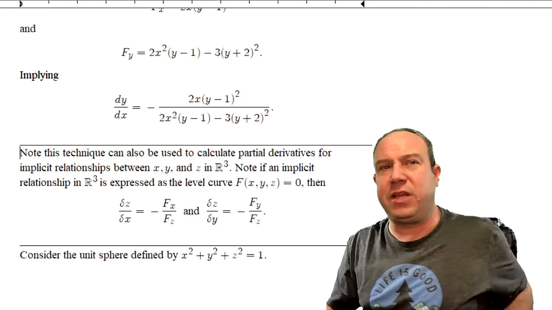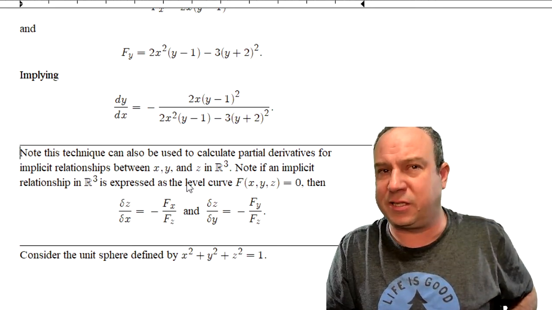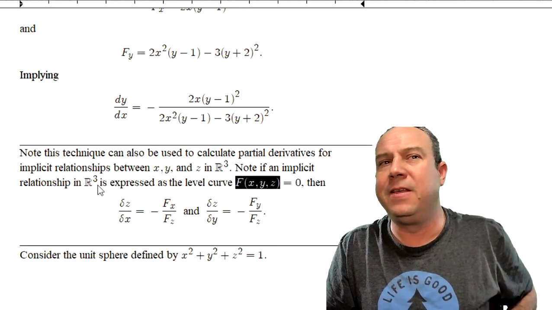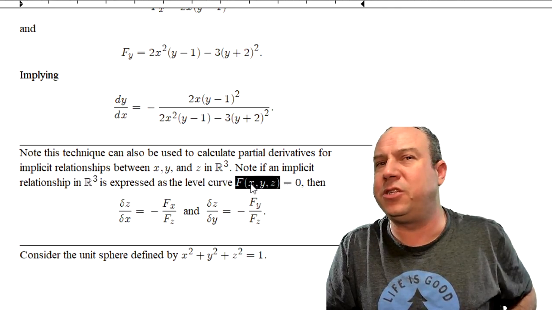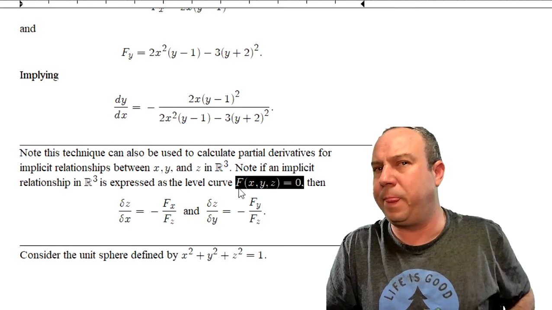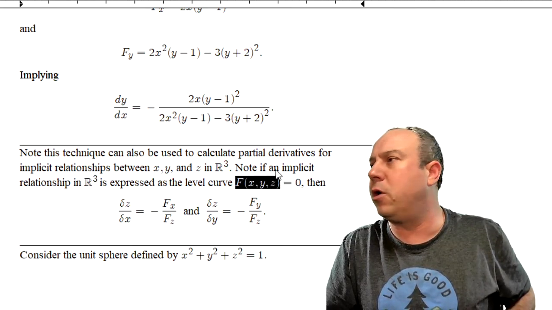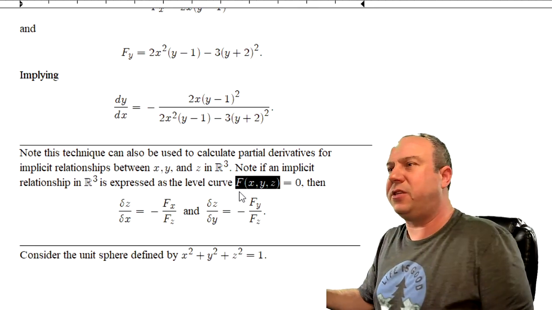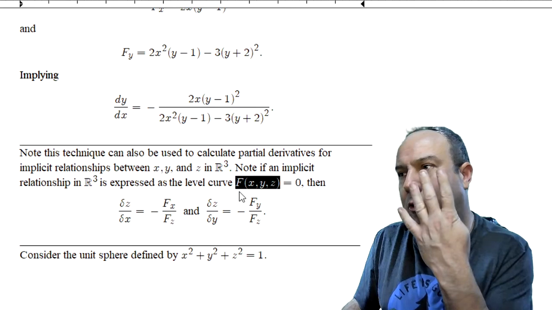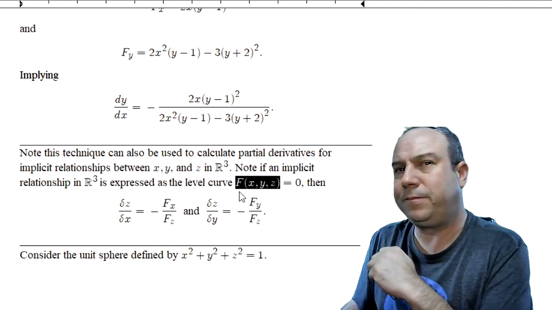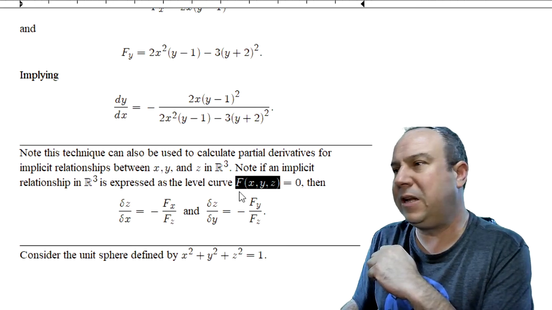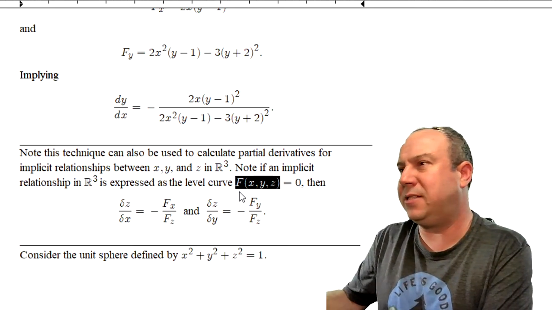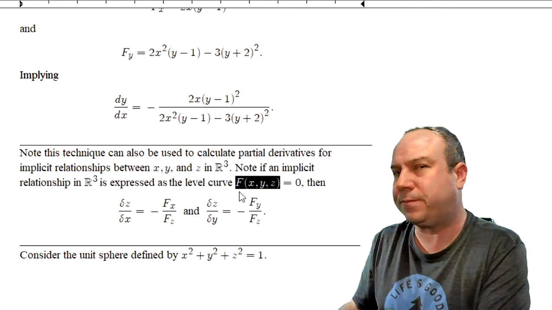If an implicit relationship in 3 dimensions is expressed as the level curve seen here, this is going to be a level curve for a 4-dimensional surface. F of x, y, z is actually a surface that exists in 4 dimensions.